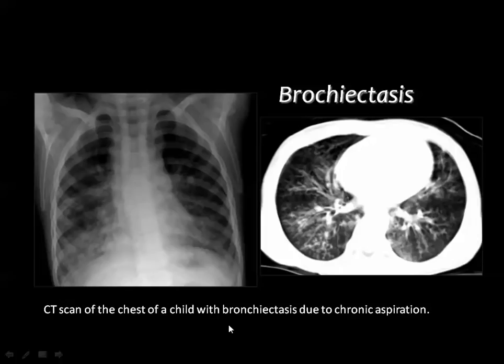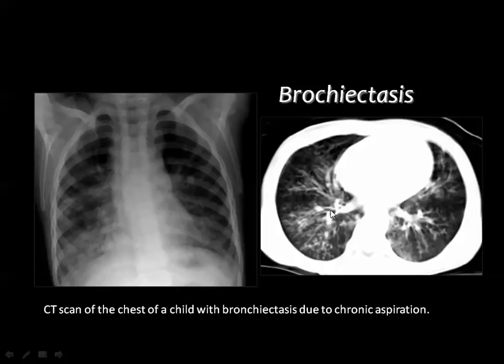But nowadays, you know that we can diagnose bronchiectasis easily by CT scan, and I know from my colleagues who are performing ultrasound of the chest that the diagnosis of bronchiectasis is also easy by ultrasound.